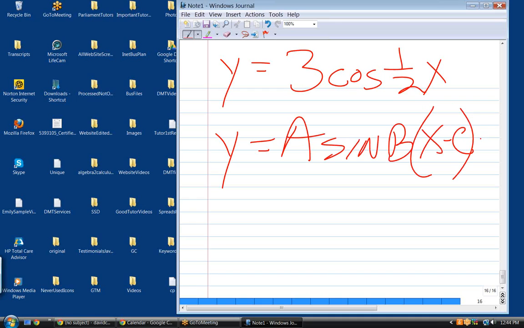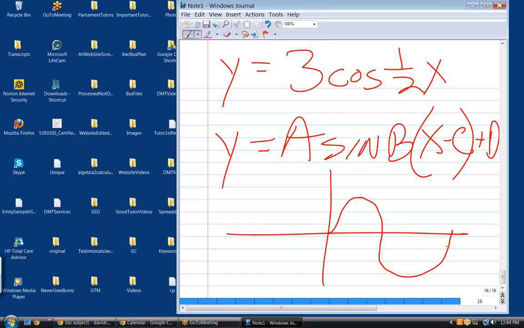In this case, C is the phase shift, which means if I had a sine curve that was phase shifted by pi over 2 to the right, here's how I would draw it. I would move pi over 2 to the right, start my curve there, figure out that my period was 2 pi, so I would end it at 5 pi over 2, and I would draw my curve.